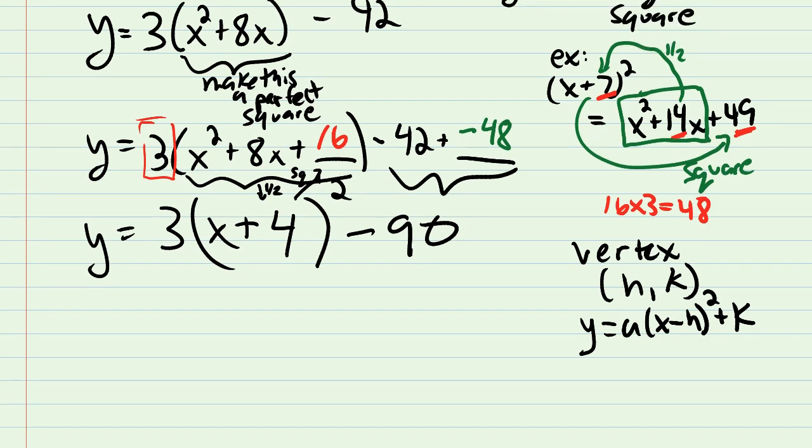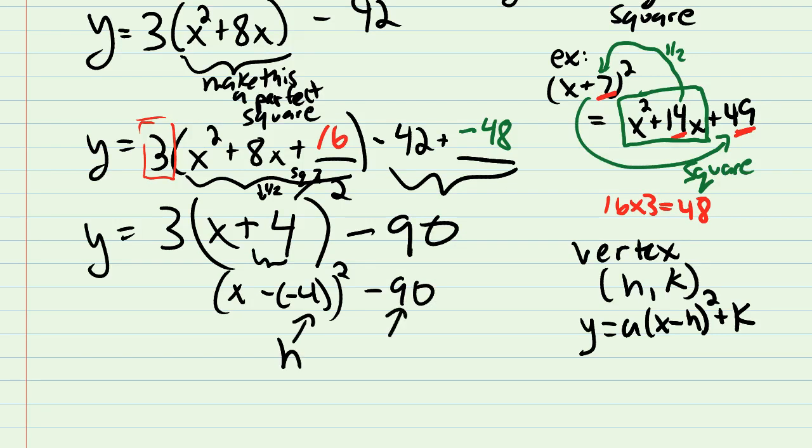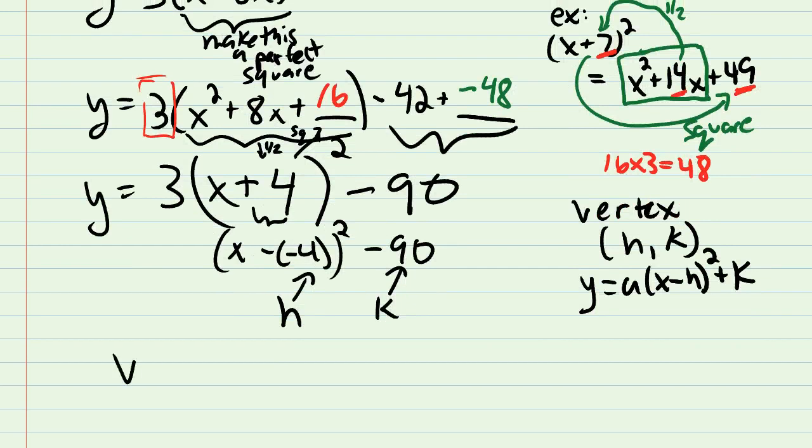When you have a plus there, it's because it's minus a negative 4. And then the negative 90 at the end is just the value of k. And so it turns out for us that the value of h is negative 4 and the value of k is negative 90. And that's our vertex.